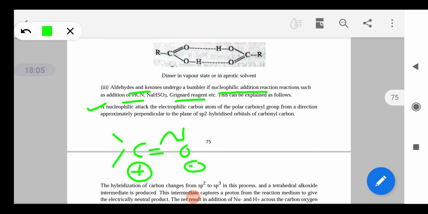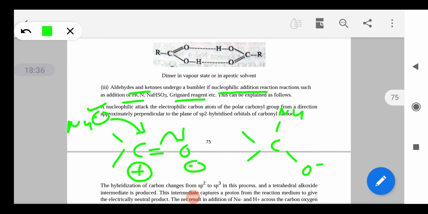So due to the polarity, the higher electronegativity of the oxygen atom of the carbonyl group, oxygen achieves negative charge and carbon carries positive charge. So an electrophilic center is generated on the carbon atom. On this, a nucleophile or electron rich species can attack, and it forms a tetrahedral structure.